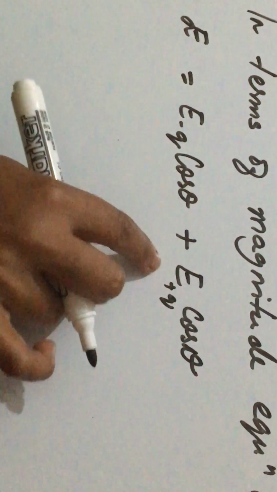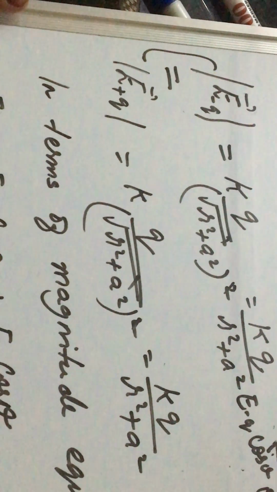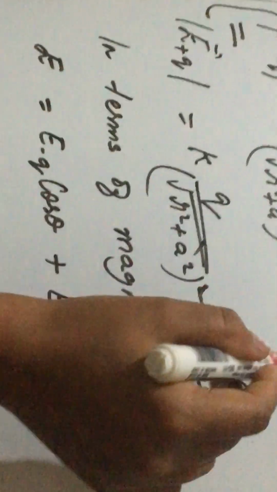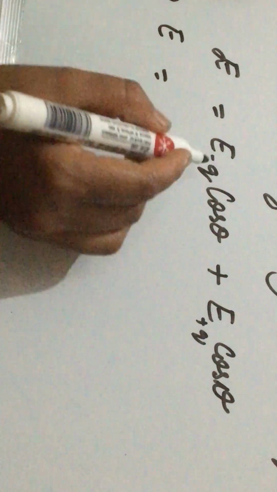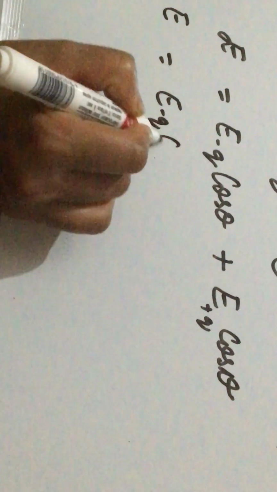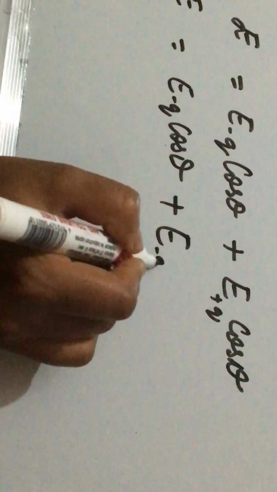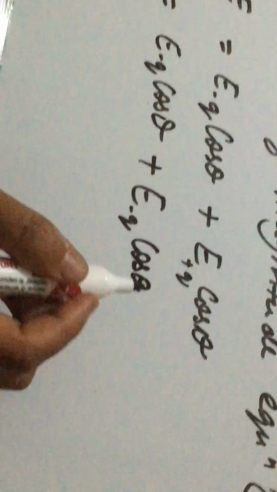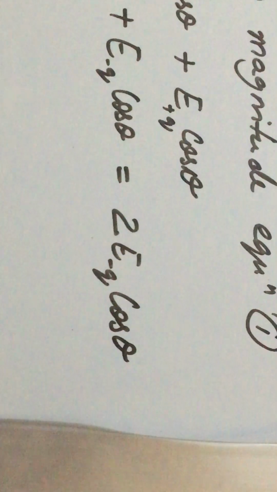Now E minus Q and E plus Q, magnitude of it are equal, right or not? Both of them are kq by r square plus a square. Both of them are the same. That means I can write E minus Q. I hope students you will be following me. This also I can write as E minus Q cos theta. Then this will be 2E minus Q cos theta, right?